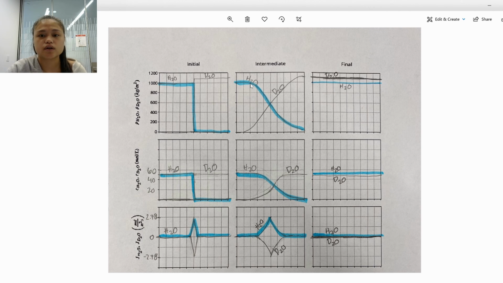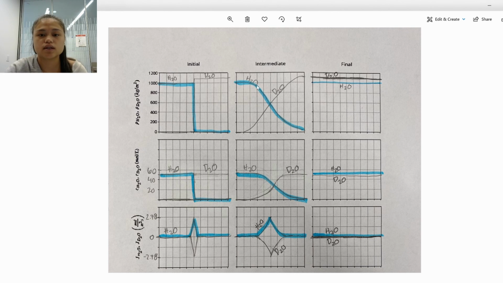Over here, this is where the water and the deuterium oxide begin diffusing outward throughout the set volume. So the D2O is moving to the left further, and the H2O is transporting to the right further.